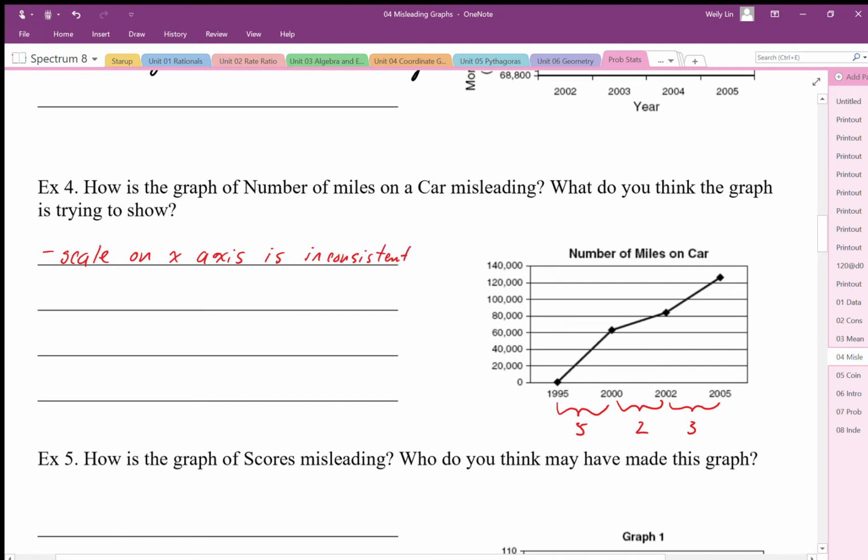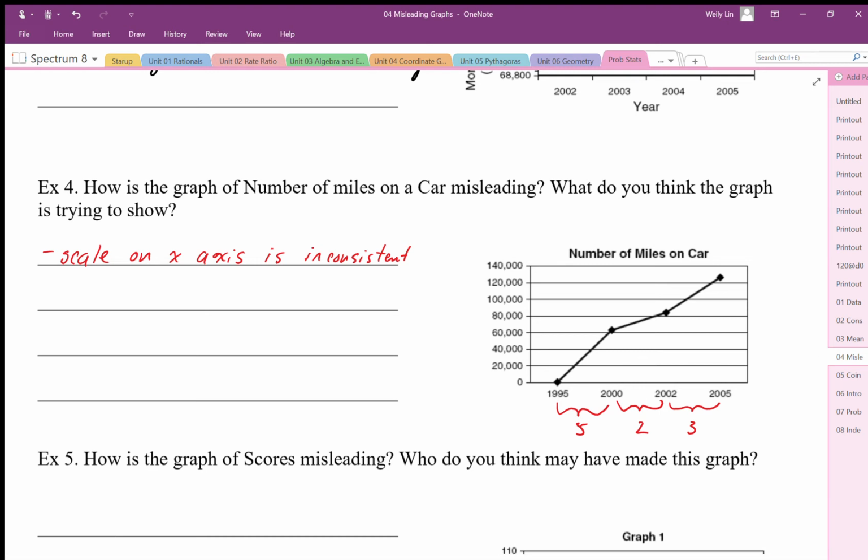Okay, and if we actually made the scale on the x-axis the same, you would probably see, in fact, a little bit steeper slope involved in here. Okay, so is the number of miles on a car misleading?